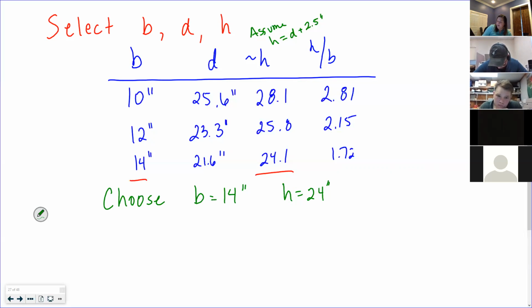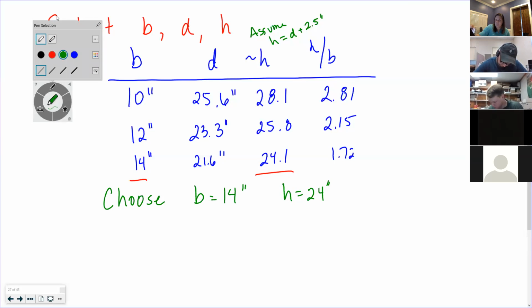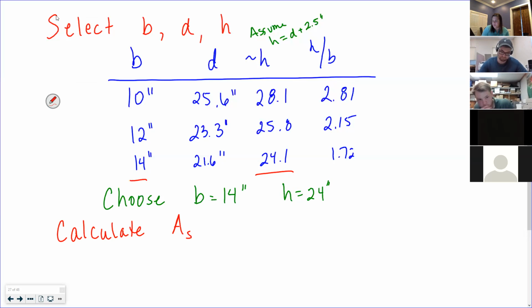So from there, let's say we have a width and a height. Now we're to known dimensions, right? So you can go back to the example we did last week, and with your known dimensions, choose a width of 14 and a height of 24.